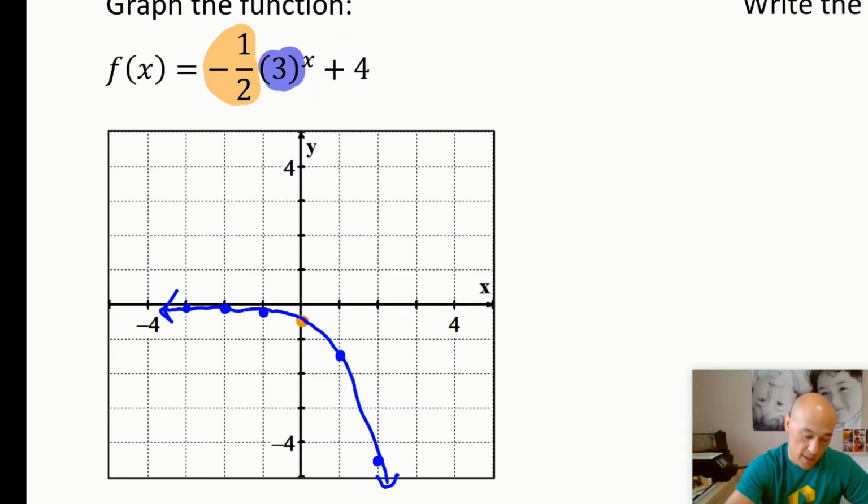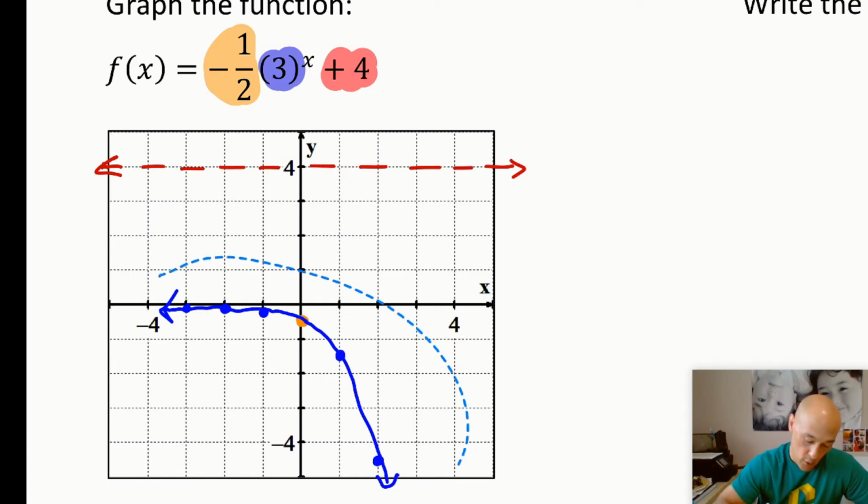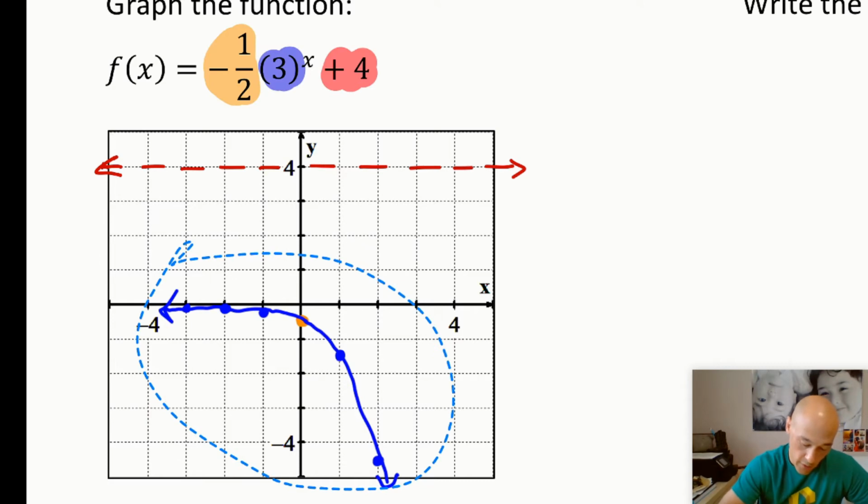But in this case, k is not 0. k is 4. So what we do then is we take our asymptote, which was at 0 when k is 0, and the asymptote now moves up to y = 4. So I'm going to draw my asymptote in there as a dotted line to show it's not part of the graph. And then my whole graph basically moves up 4 units.